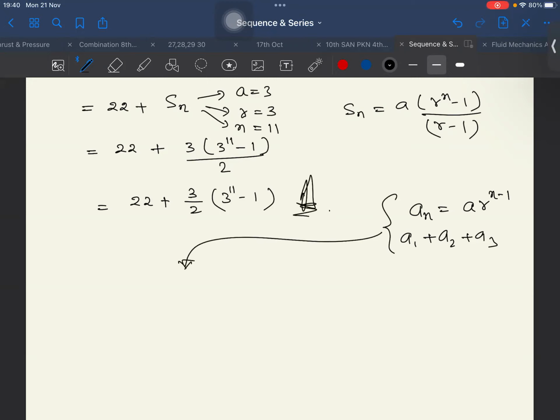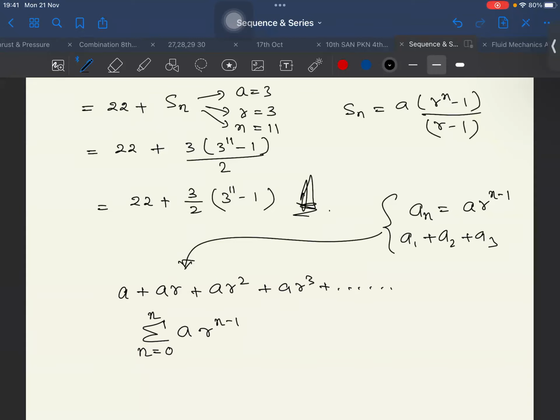See, first term is A, second term is Ar, third term is Ar square, fourth term is Ar cube, and so on, right? So that means you are summing up A r to the power of n minus 1, where n starts from 0 to n, right?